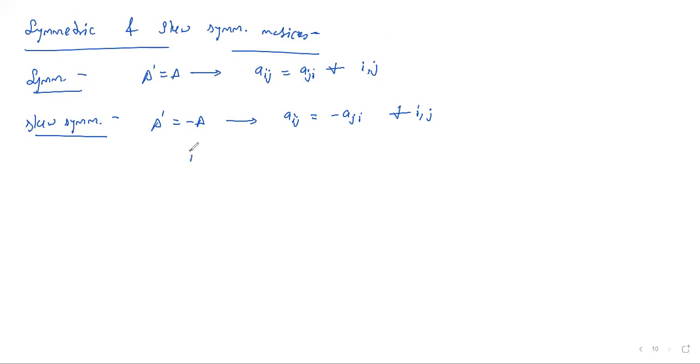In skew symmetric, if i equals j, that means for the diagonal elements, Aii equals minus Aii, which can be written as 2Aii equals 0. That gives Aii equals 0, and from this we get that every diagonal element of a skew symmetric matrix is necessarily 0. That's how we can define these matrices.